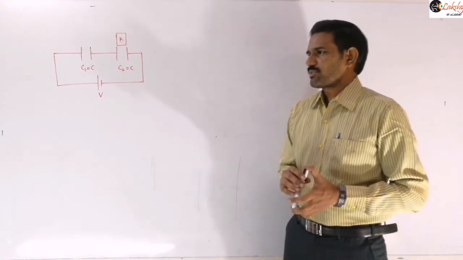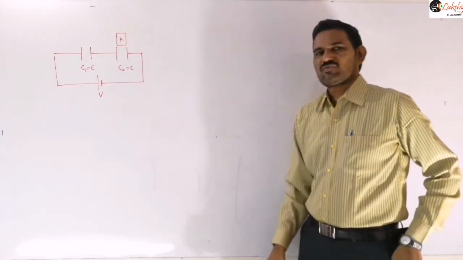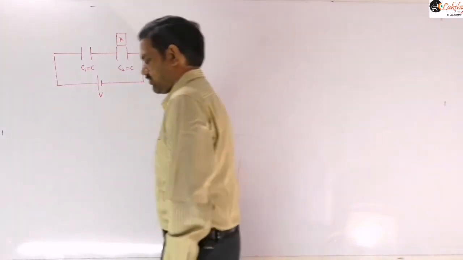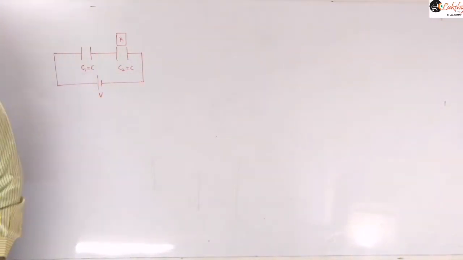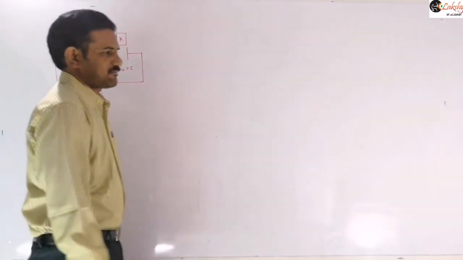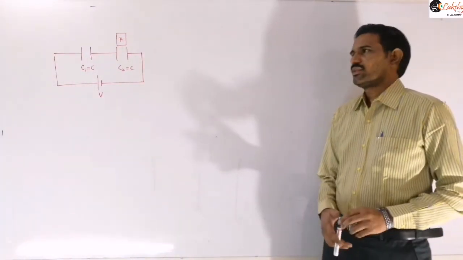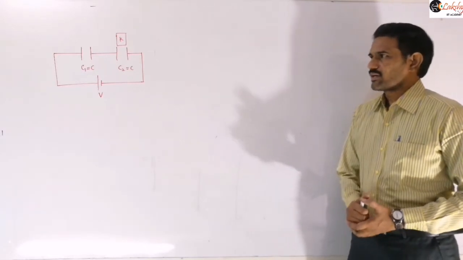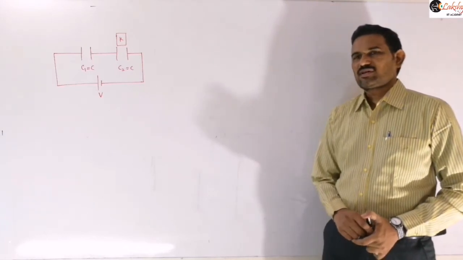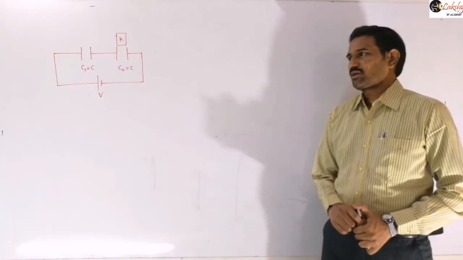Two identical capacitors, each of capacitance C, are connected in series to a cell of EMF V. After completion of charging of the capacitor, a dielectric of dielectric constant K is introduced in capacitor C2.